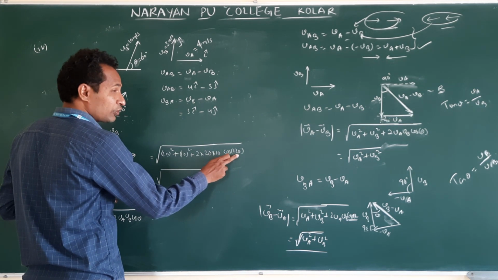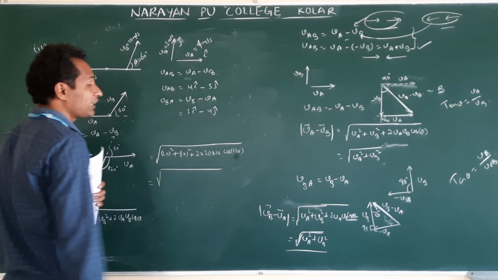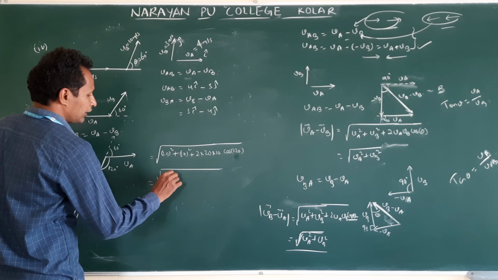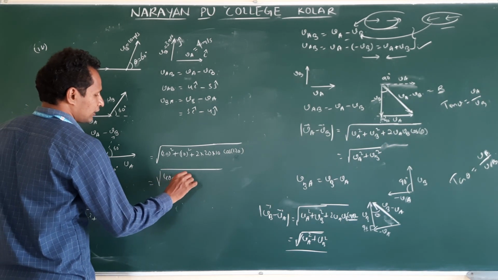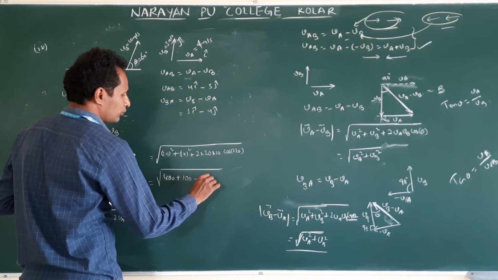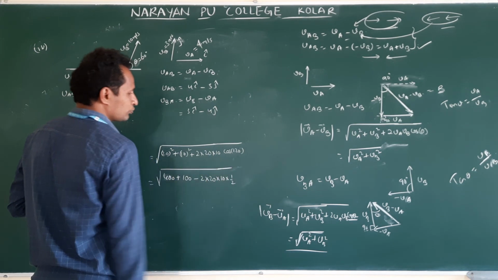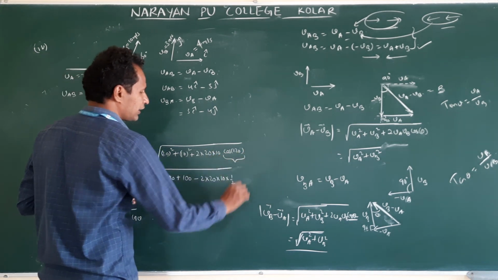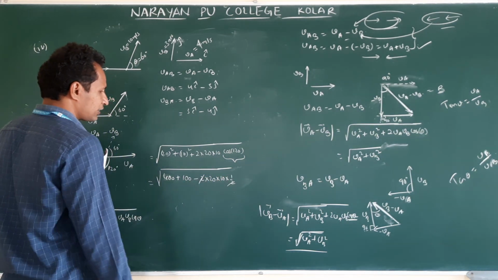Sorry, this 120, how do we write? 90 plus 30, that you will get minus cos 30... So 20 square is 400 plus 100, and you will get minus 2 into 20 into 10 into 1 by 2. Okay, you follow the trigonometry, you will get the answer. Right? 2 cancel.